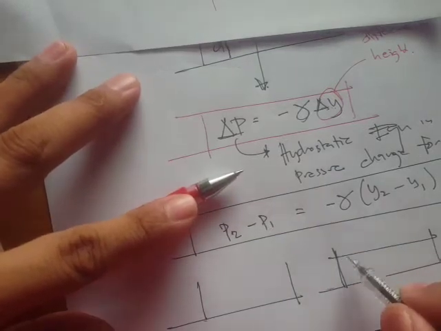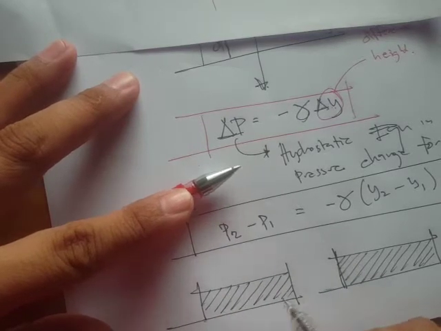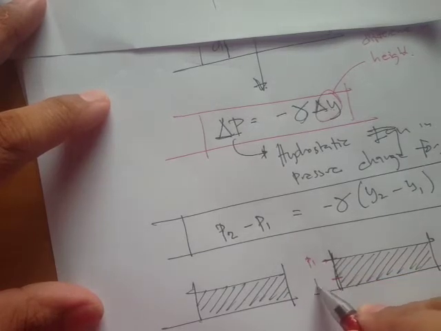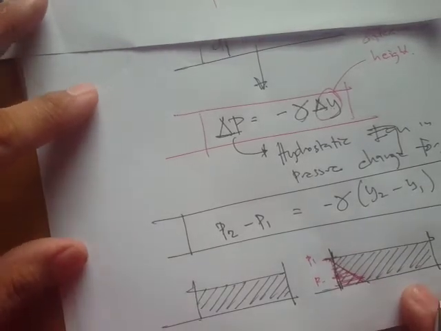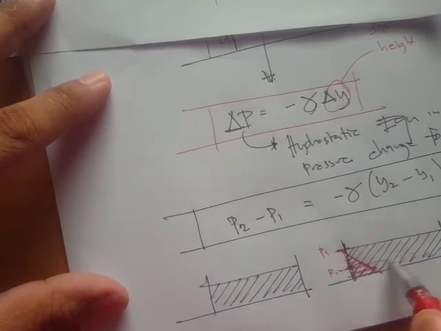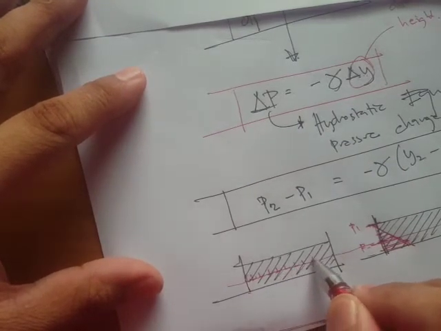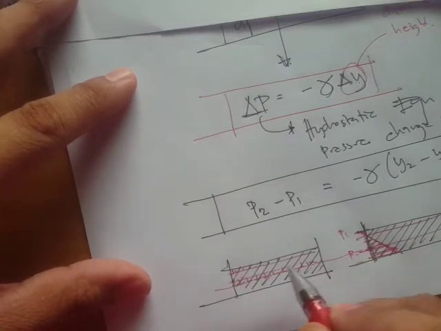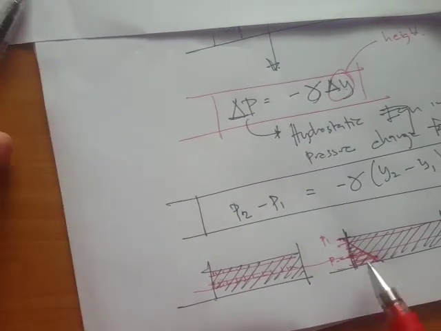Let's say we have this fluid inside the container, and if we are trying to find the pressure here, that would be different from the pressure right here. We'll have a linear variation of pressure along this depth, but across the x-axis we have the same pressure, while along the y-axis it will vary linearly.